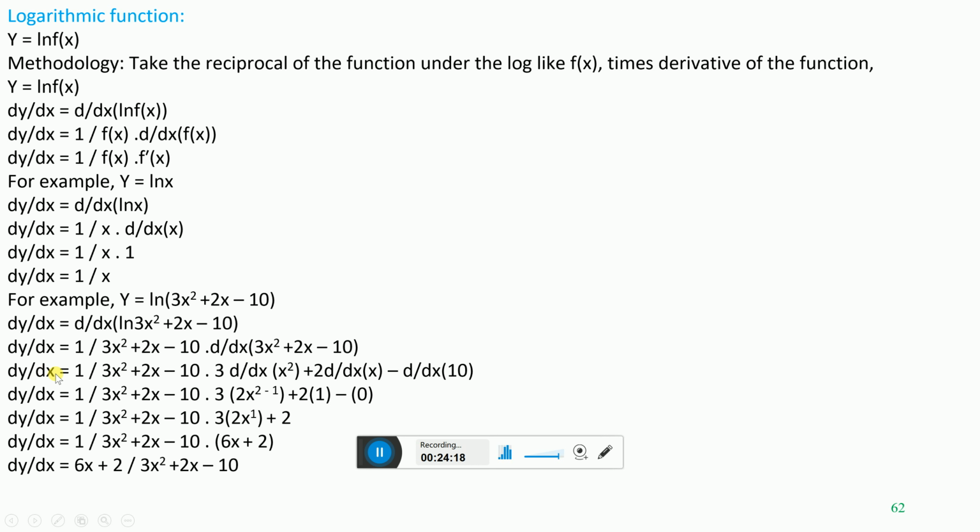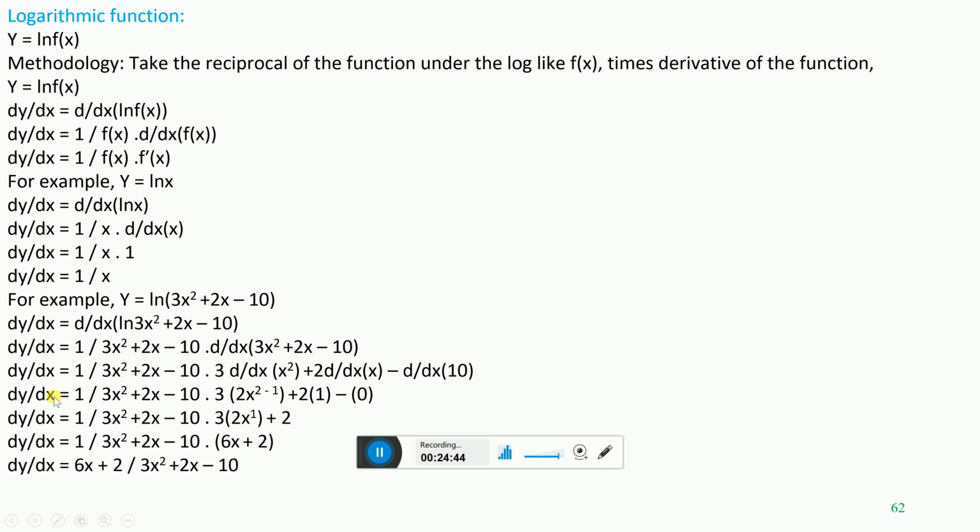Now dy over dx is equal to 1 divided by 3x squared plus 2x minus 10 as it is, times: this 3 is a constant, so I take it outside and apply the derivative on the function with power 2, d over dx of x squared, plus this 2 is a constant, I take it outside and apply the derivative on x, d over dx of x, and minus d over dx of the constant.